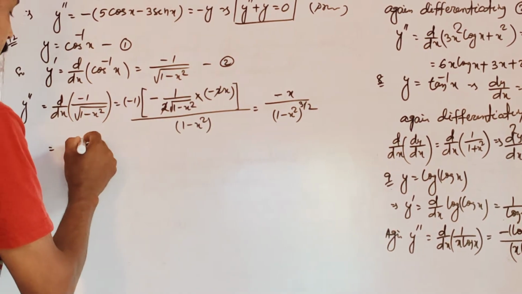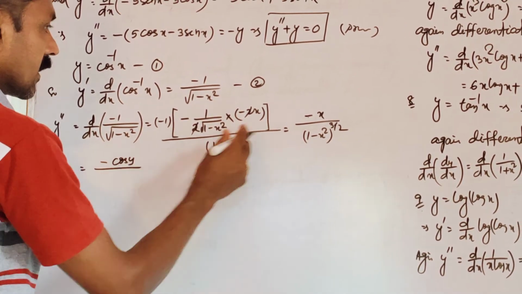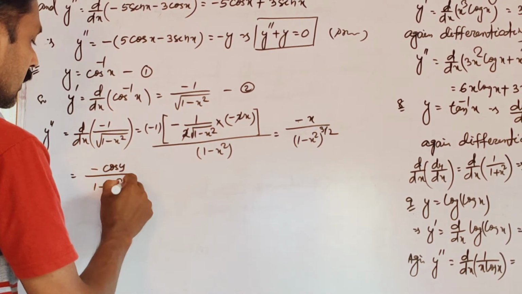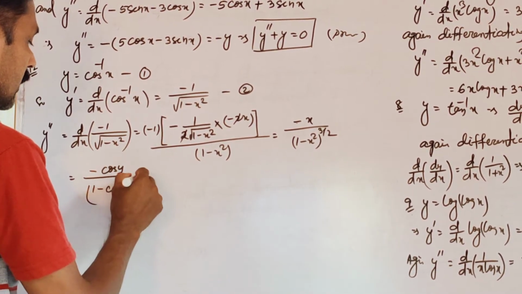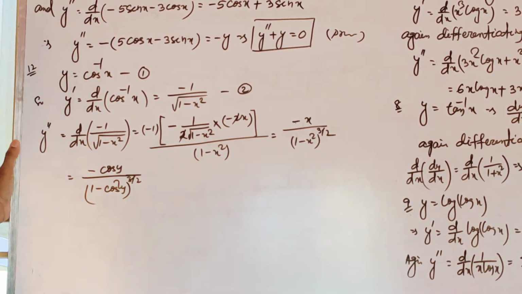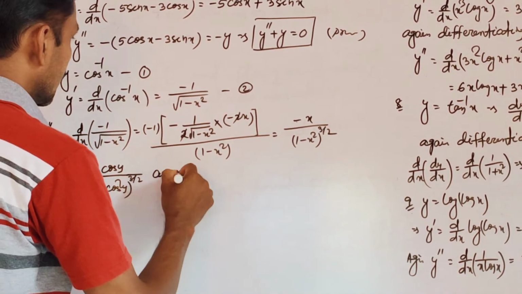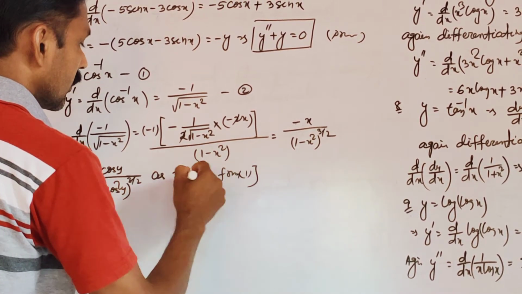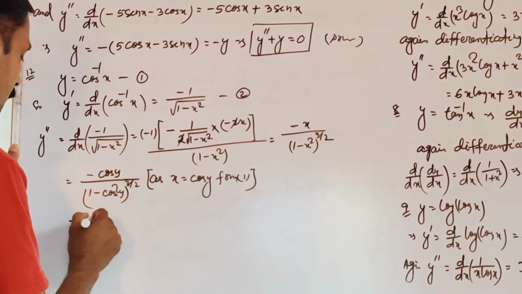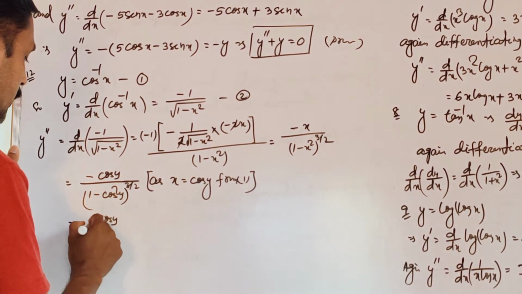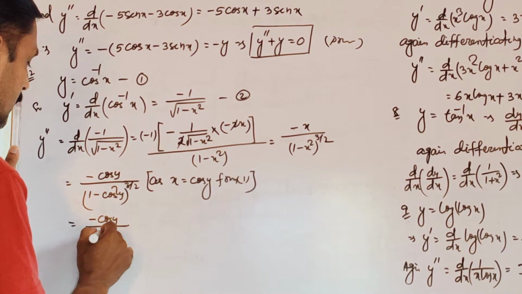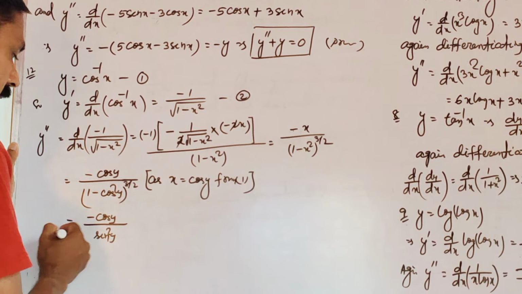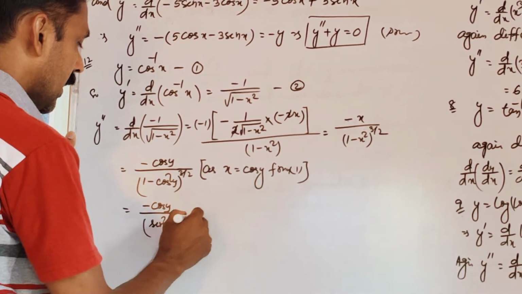So you can write this is minus cos y by 1 minus cos square y to the power 3 by 2 at x equal to cos y. So this is equal to minus cos y by 1 minus cos square y, which is sin square y, to the power 3 by 2.